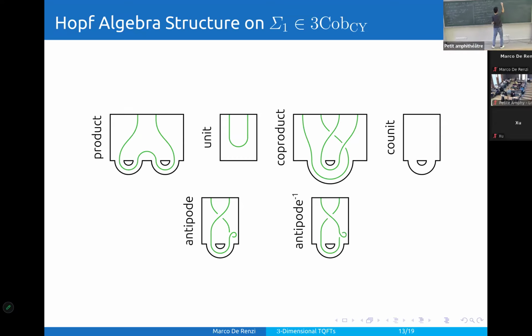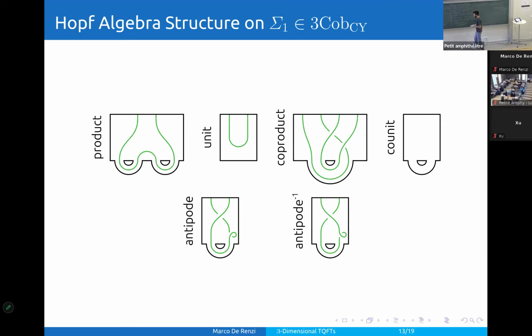So if the category is semisimple, so every object is a finite direct sum of objects in this list up to isomorphism, then the end can be described very explicitly as a finite direct sum of tensor squares of simple objects, basically, objects tensored with their duals.